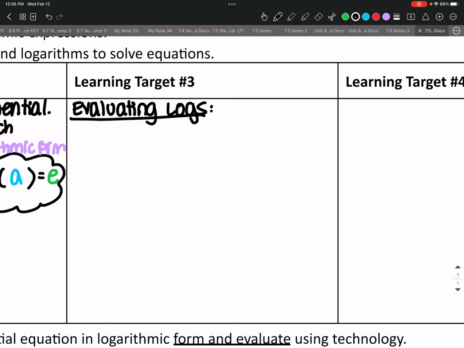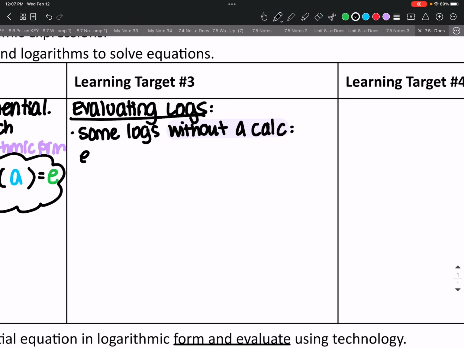Sometimes, like in the warm-up, you can do it without a calculator. So you can evaluate some logs without a calculator. When you're evaluating a log, you're looking for the exponent. And you can do that easily if it's a well-known base and answer that you have.